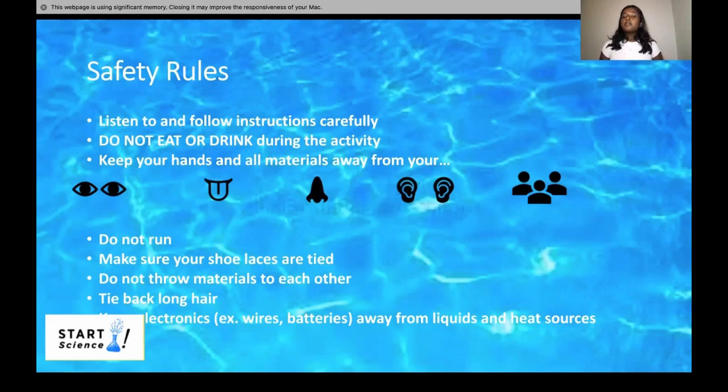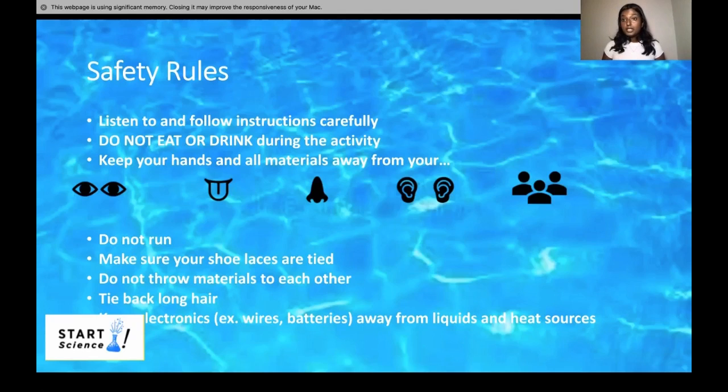Keep your hands and materials away from all of the following: your eyes, your mouth, your nose, your ears, and anyone around you that's helping you. Do not run. No running, especially if there is stuff around you. Regardless, there should be no running during the experiment. Make sure your laces are tied if you're wearing shoes, because you will be at home.